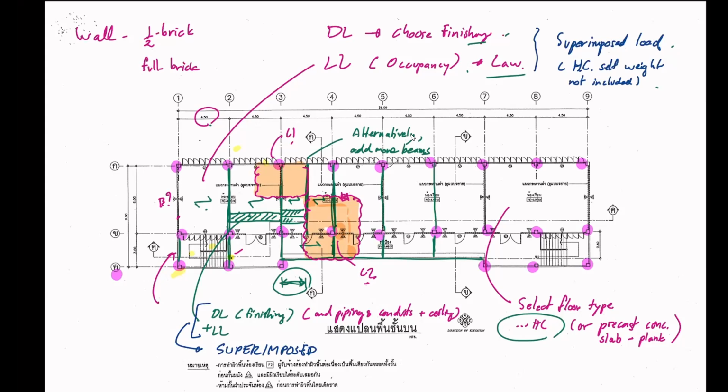A full brick, they use two bricks. I don't understand why they call half brick. But anyway, the weight of the wall is generally given in a kilogram per square meter as well. Half brick is 180. But keep in mind that, per meter, I'm sorry.